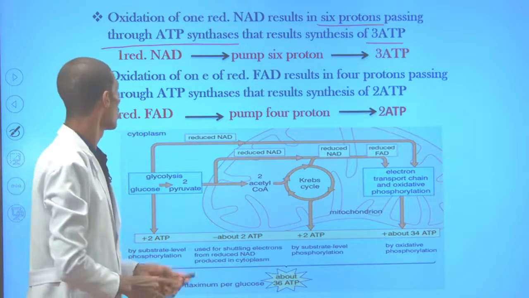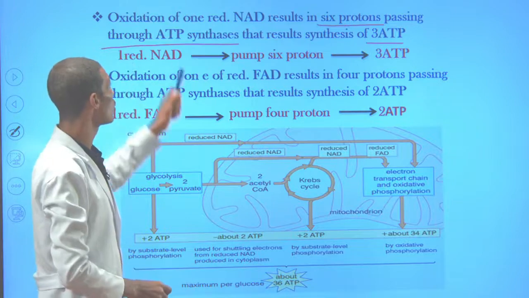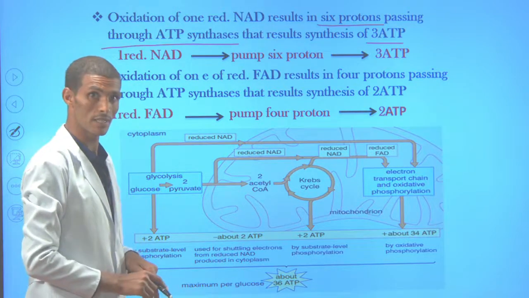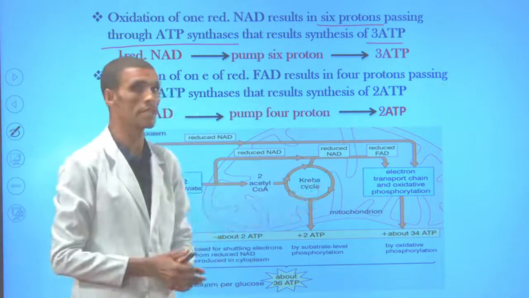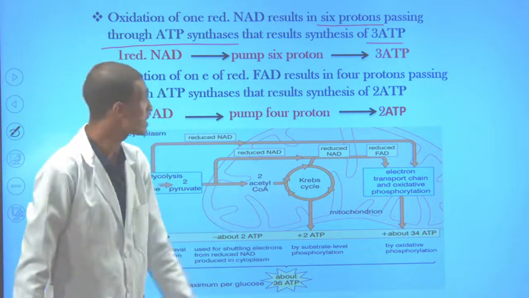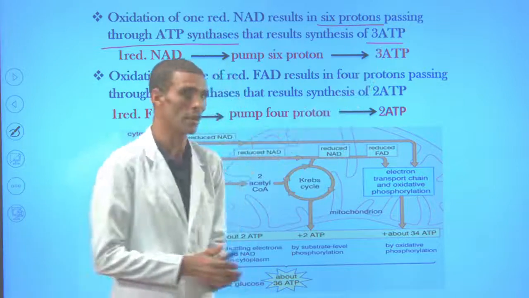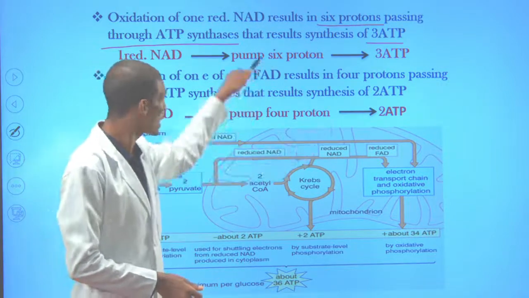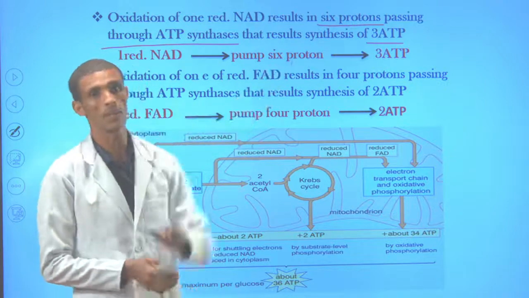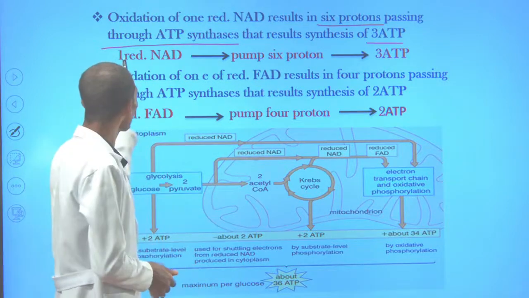Hint again, student. When one reduced NAD molecule becomes oxidized, it passes 6 protons through ATP synthase, which results in production of 3 ATP molecules. So, in oxidation of NADH, which goes to ATP synthase, we expect 3 ATP molecules from 1.